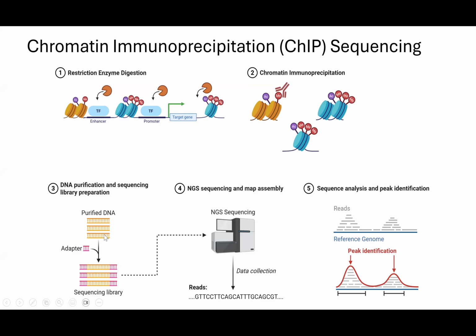You then still need to do that final step of adding the sequencing adapters and then the actual sequencing. Instead of aligning to the exons, like we talked about with RNA sequencing, the DNA can come from really anywhere in the genome. It's not going to be exclusively at exons.